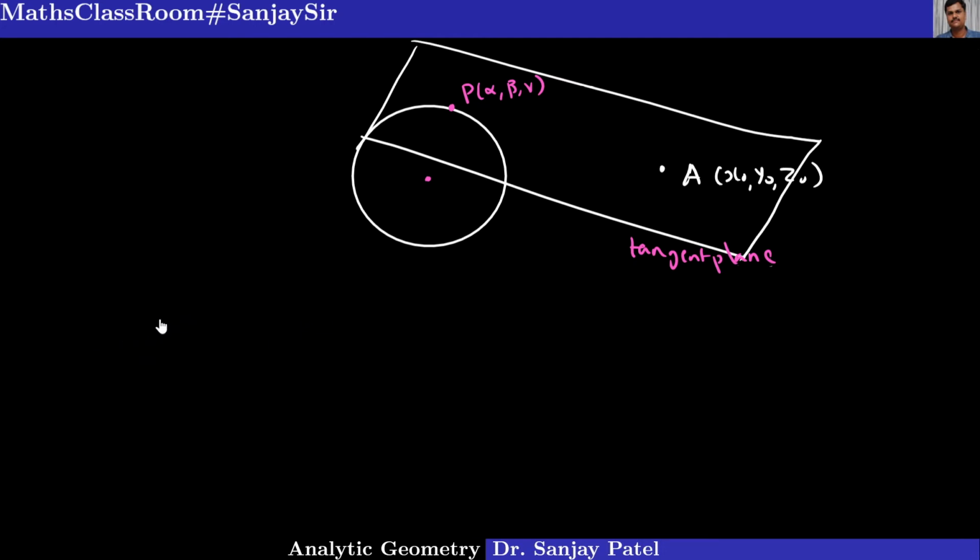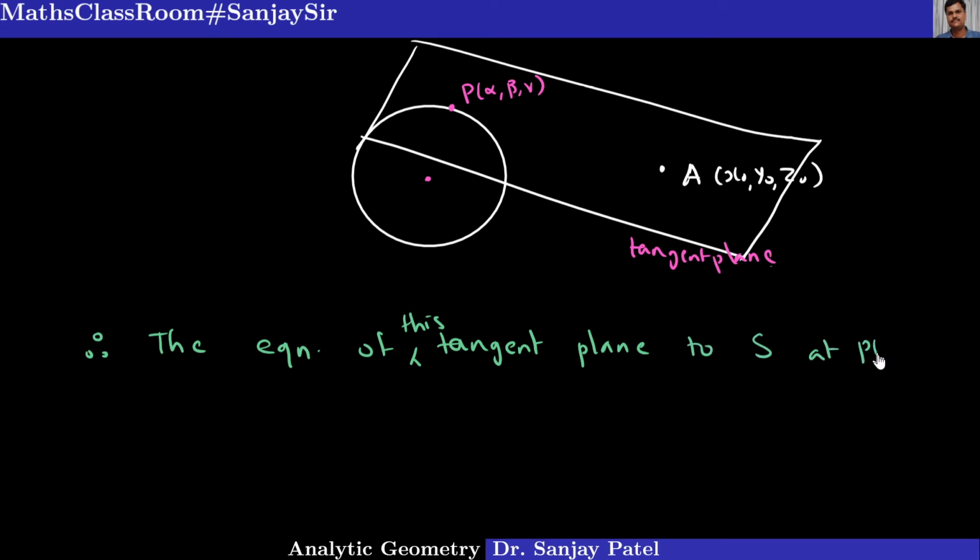So I can write the equation of this tangent plane to the sphere S at the point P(alpha, beta, gamma).